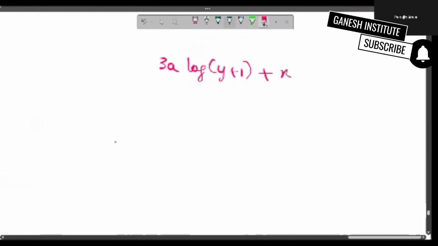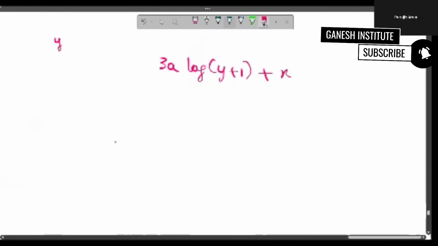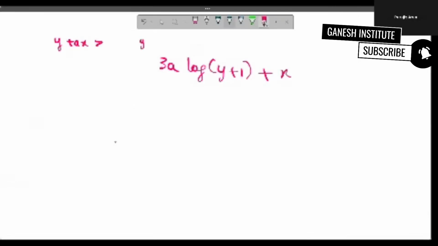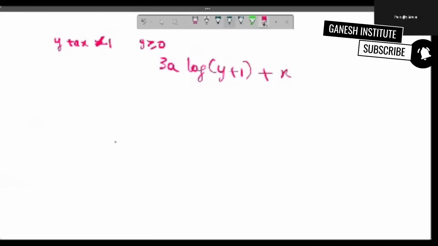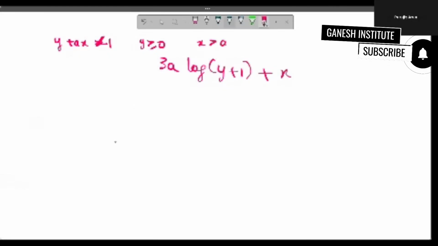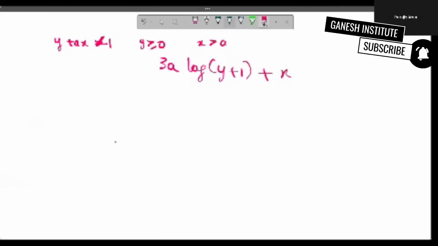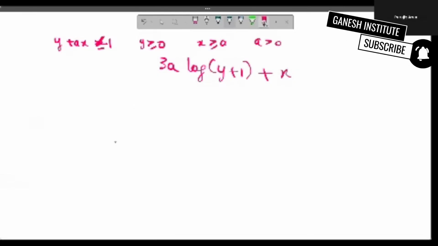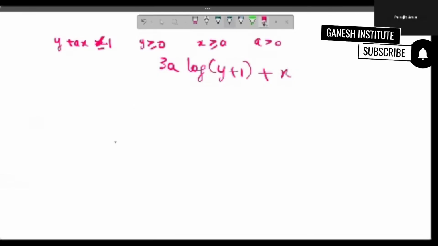So constraints are: y is greater than or equal to 0, y plus ax is less than or equal to 1, x is greater than or equal to 0, and a is greater than 0, right? Yes.